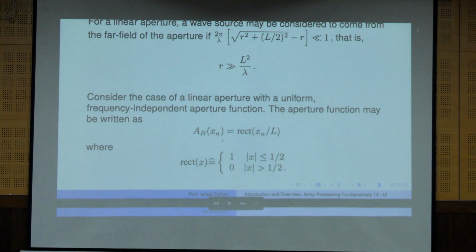want to know what will be the response, what is the electric signal that is measured in response to a monochromatic signal that comes from a certain direction.